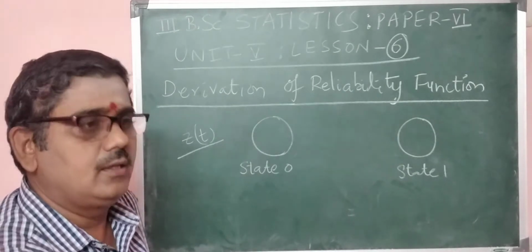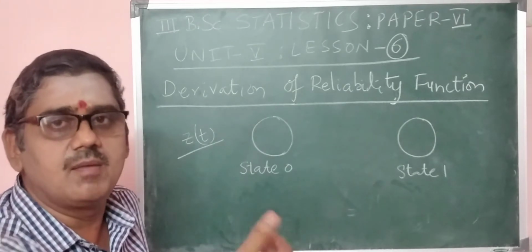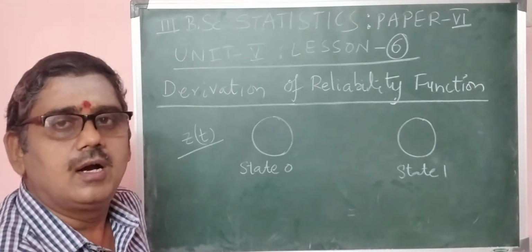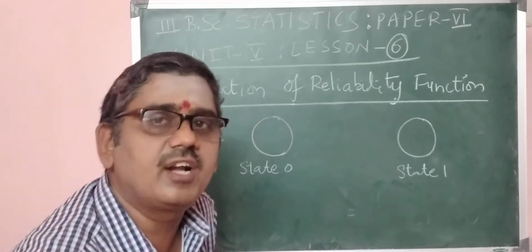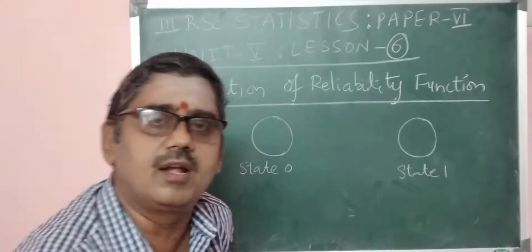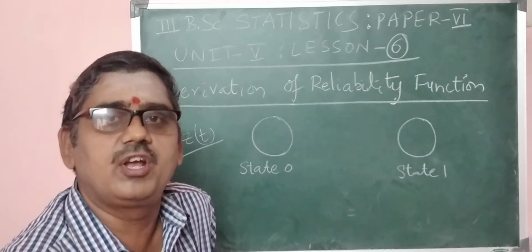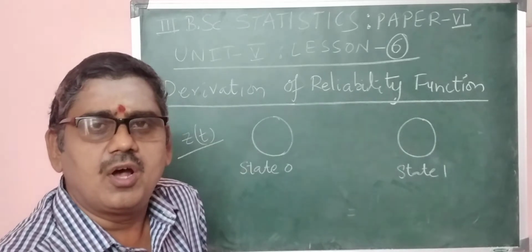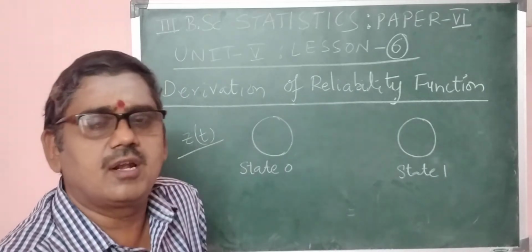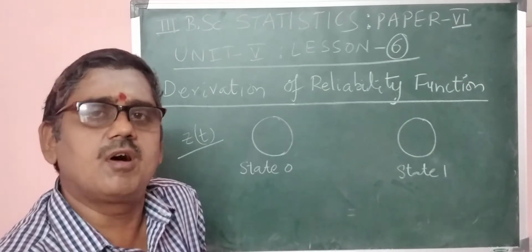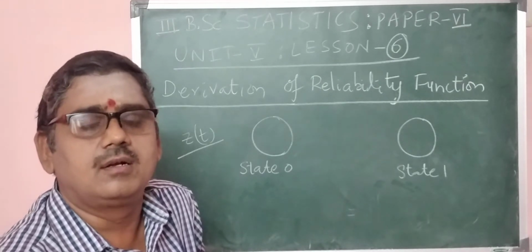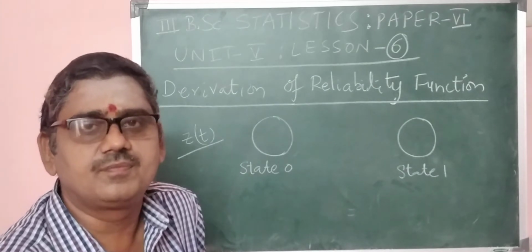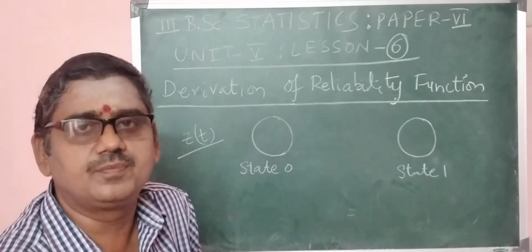In the derivation of the reliability function, many number of times I specified that to calculate reliability, it is required to calculate failure rate. That is called hazard rate. If you know the hazard rate, it can help us to calculate how reliable a component is, how reliable a particular production is, right?